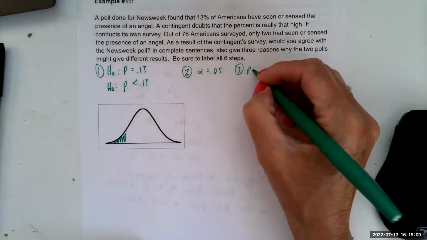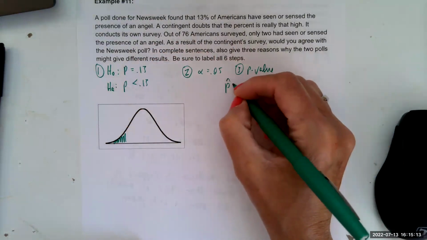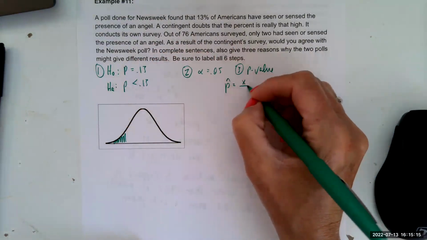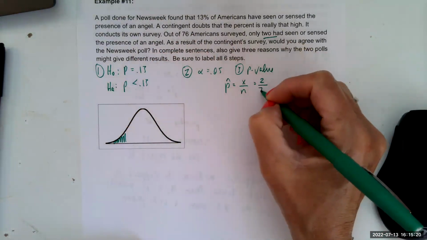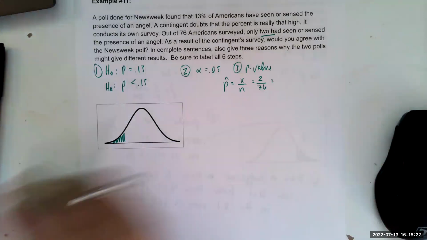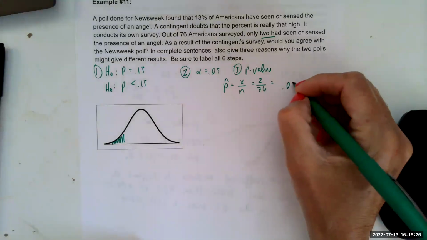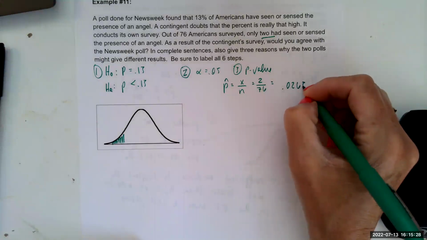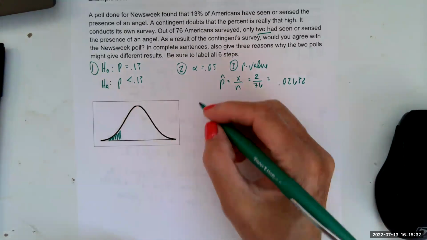And then we're going to calculate our p-value, where p hat is x over n, and x is 2 out of the 76, which is 0.02632, which is definitely quite a bit less than the 13%.